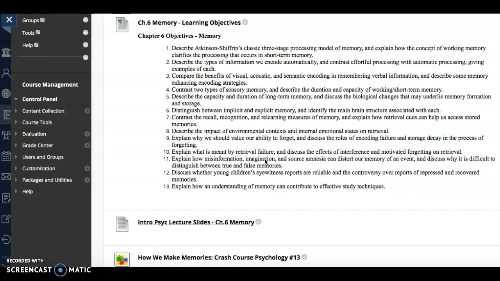Then we'll take a look at how misinformation, imagination, and source amnesia can distort our memory of an event. We have a memory for something that happened, an event, and other things can kind of leak in and get into that memory and change the way we stored it. Can change the makeup of that memory.